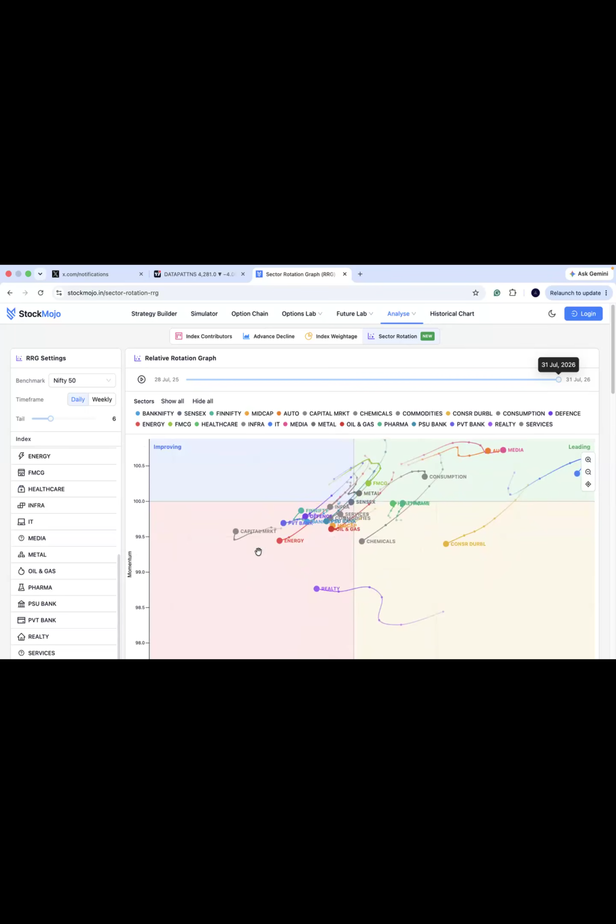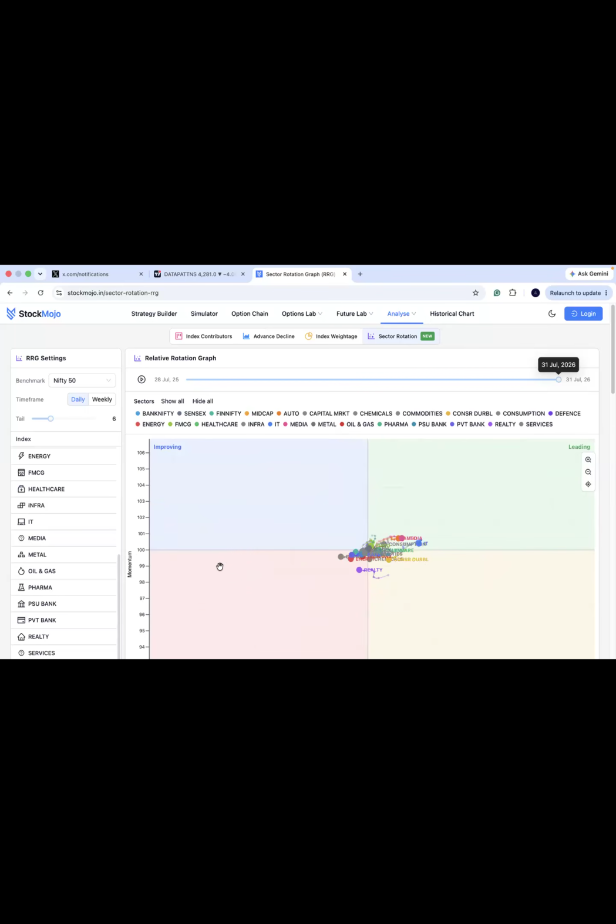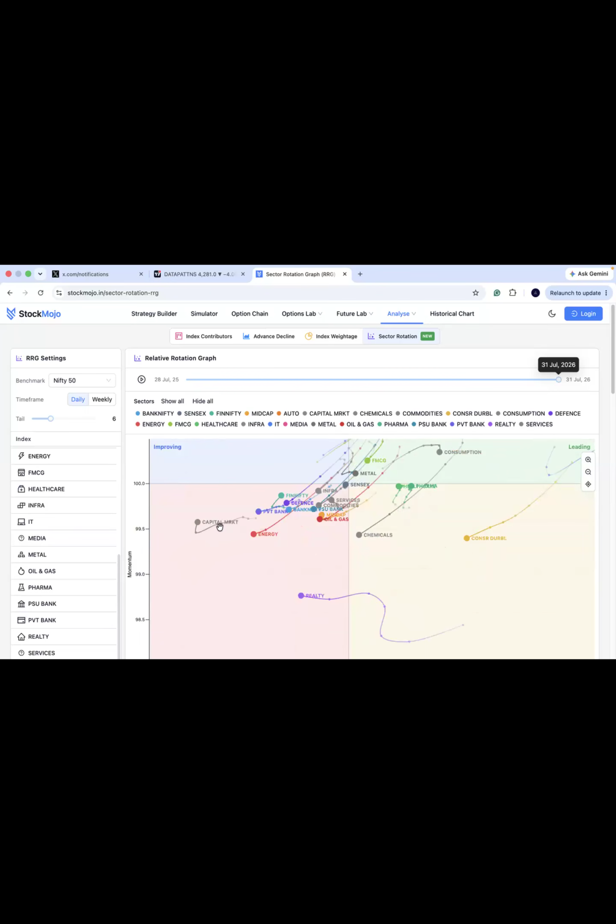So basically, first of all, if you see the straight line, it is called the momentum. This is the momentum currently, okay, the index. If the direction of the particular tail is moving to the upside, it is just showing that the relative strength is still weak, but the stock is gaining some momentum.